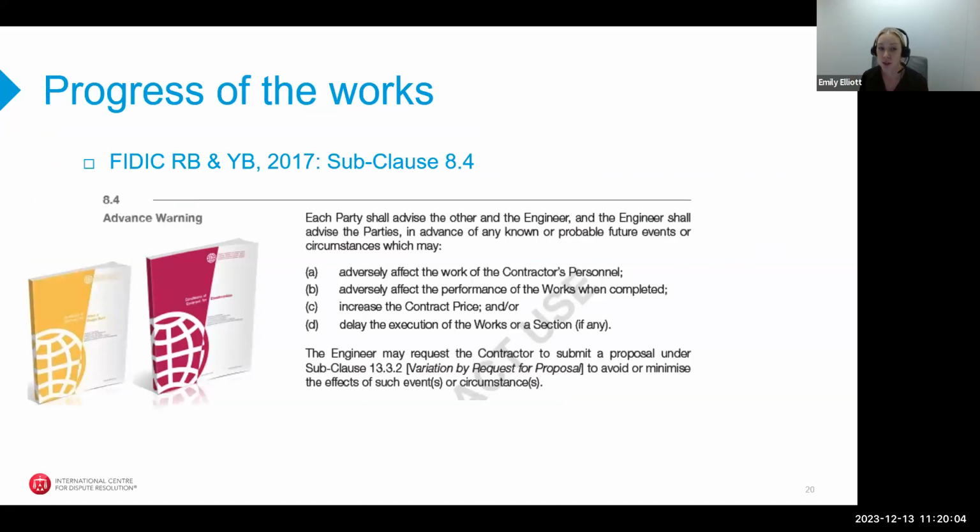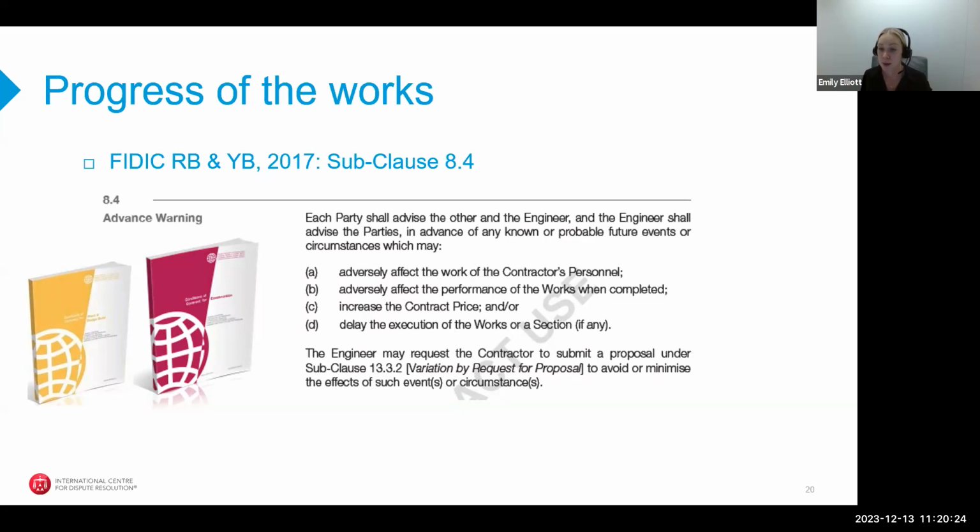Now moving on to progress of the work itself. Obviously, continued monitoring of the progress of the works is extremely important in order to detect and address any potential problems as early as possible. In fact, the 2017 FIDIC Red and Yellow Books introduced an important new provision to reflect this.